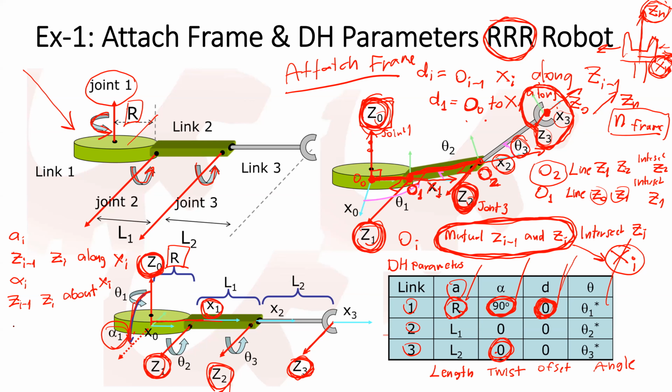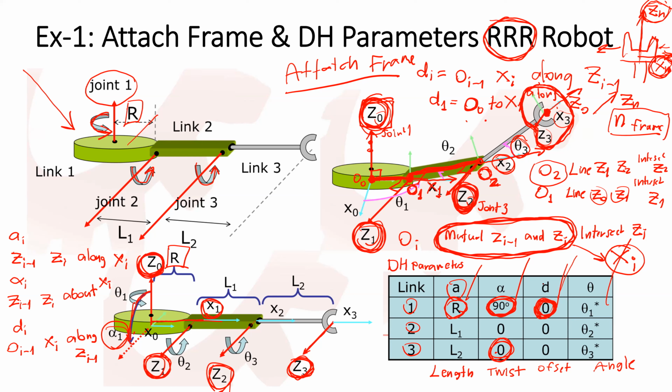The offset is the distance measured from the origin to the axis xi along the z(i-1) axis.